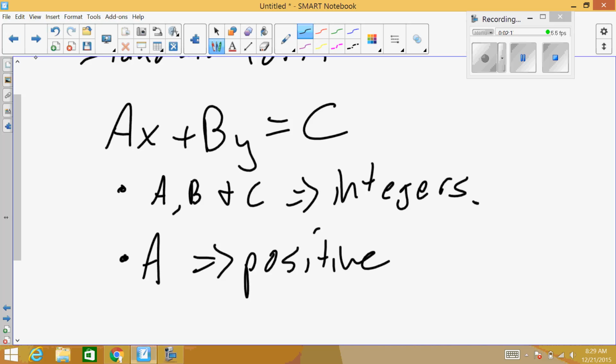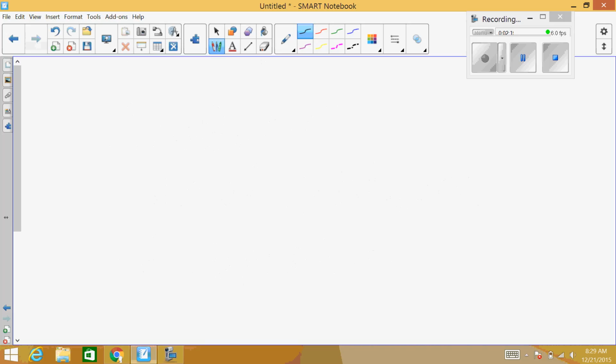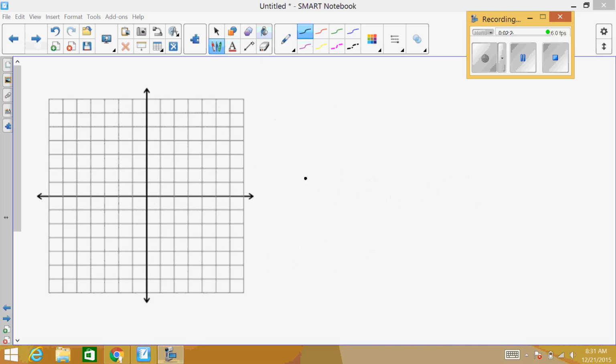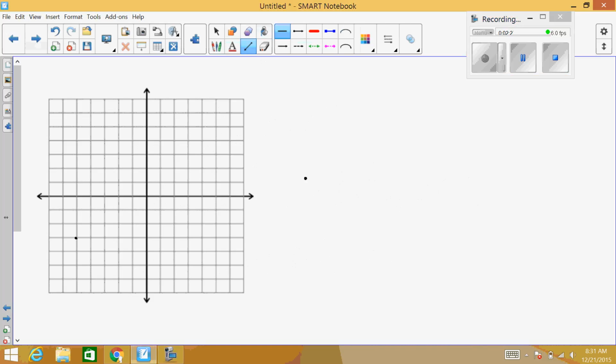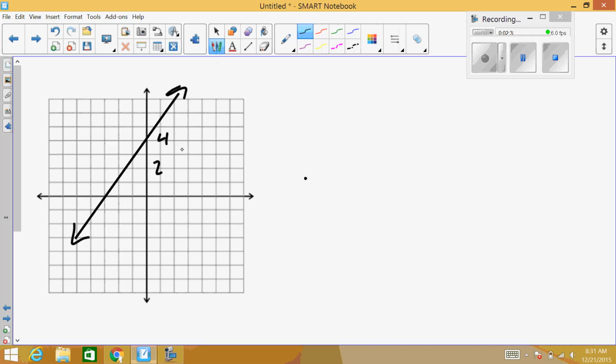Okay, so our third form today comes into play when I've got something like this. Maybe we've got a line that looks something like this, and we need an equation of this line. Make sure we always label our coordinates, our axes.